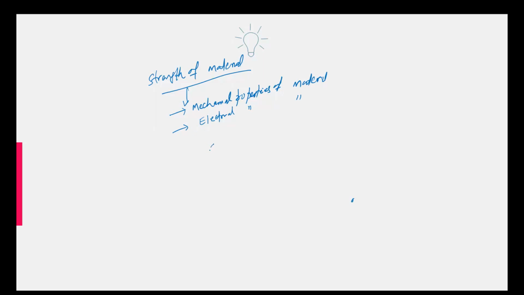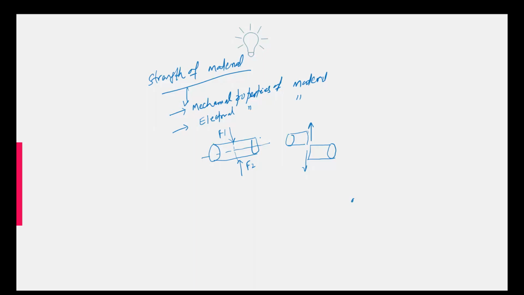For example, if this is your model and this is your axis, and you apply a load here and you apply a load here, because of F1 and F2 it will shear across that particular plane, and this is sliding. This shearing condition is also primarily responsible for failure, and that is also part of the strength of material. The units are lb per inch square, or in SI, Newton per meter square, and you need to configure accordingly.